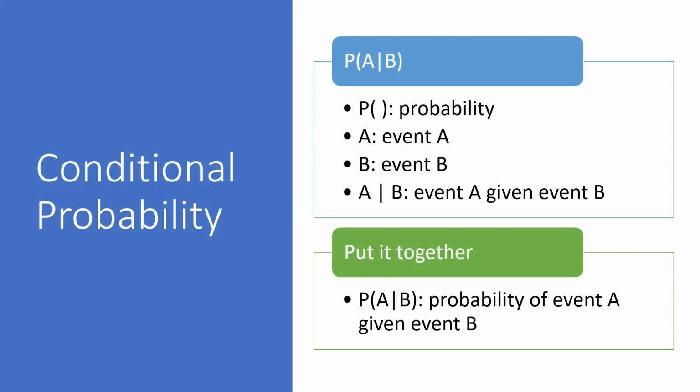If we deconstruct that part a little bit more, this P with the parentheses, of course, represents the probability of something within the parentheses. So A here is event A, B here is event B. So P(A|B) is said as event A given event B. If you put it all together, this would be the probability of event A given, that's what the bar means, event B.